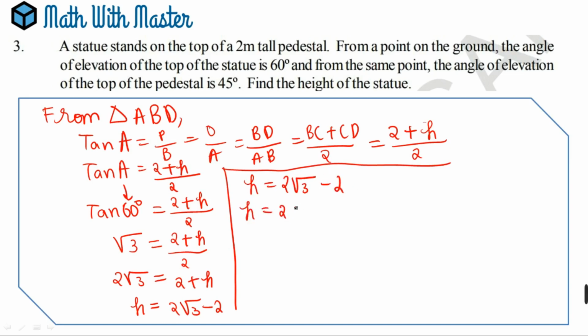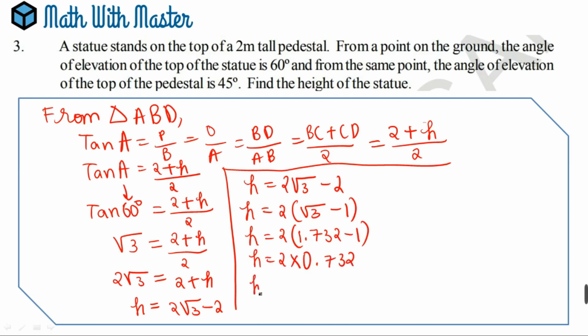Take out 2 common, root 3 minus 1. h is equal to 2 into, instead of root 3 you can write 1.732 minus 1. h is equal to 2 into 0.732 now, and the answer of h will be 1.464. 1.464 meters is the height of the statue.